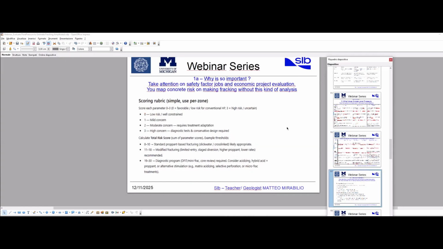We are trying to create an internal procedure to standardize our parameters and acquisition. It's clear that the importance of this part is to pay attention to safety for jobs and economic project evaluation. You map concrete risk when fracking without this kind of analysis.